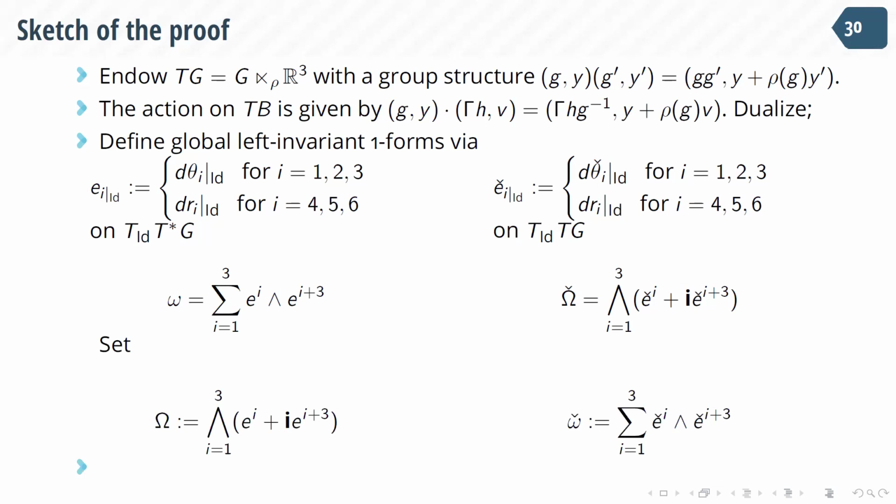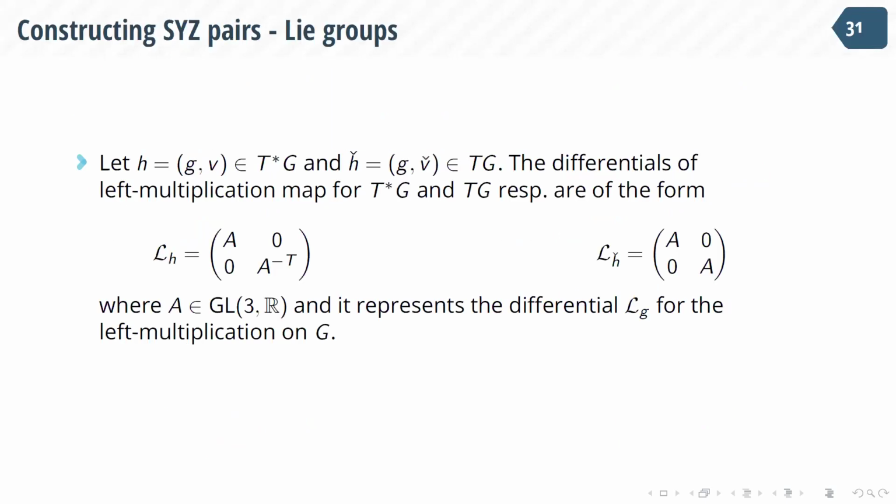the remaining differential form in this way, and the very reason why the forms defined in this way satisfy the SU(3) equation is that, by denoting with H a point in T*G and H check inside TG, we observe that the differentials of the left multiplication maps for the two Lie groups are of this standard form.